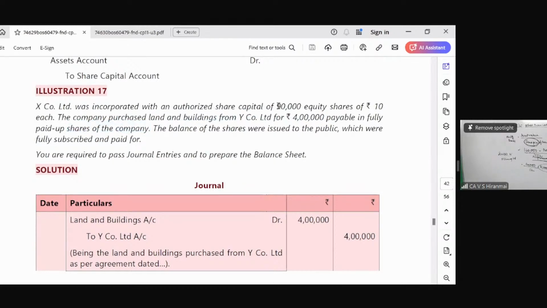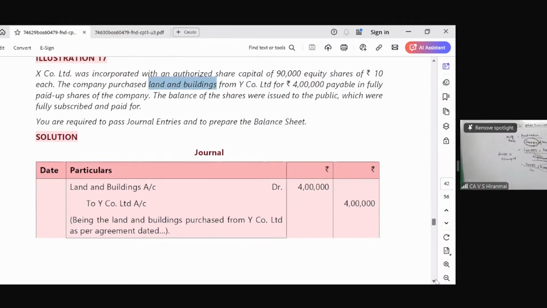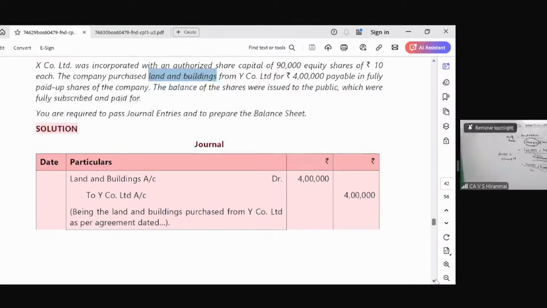Balance of the shares. So the total value is 90,000 into 10 gives you 9 lakh rupees authorized capital, out of which 4 lakhs they are issuing to Y Limited because they purchased land and building. So from 9 lakhs, I remove 4 lakhs. The remaining 5 lakhs will be issued for cash. Okay. They are the shares issued for cash.